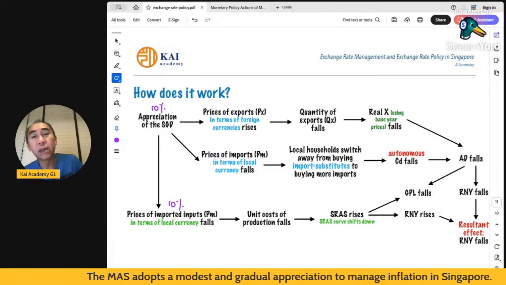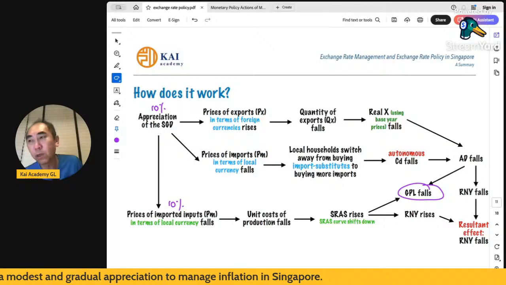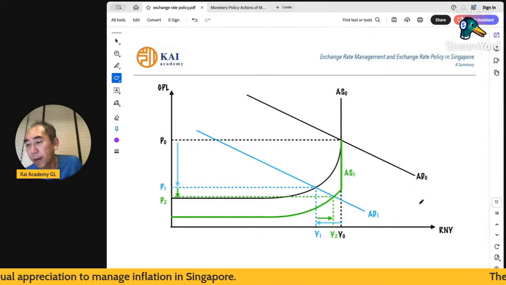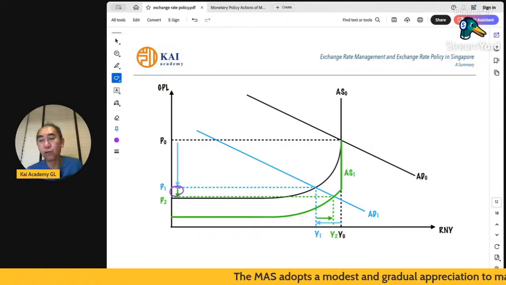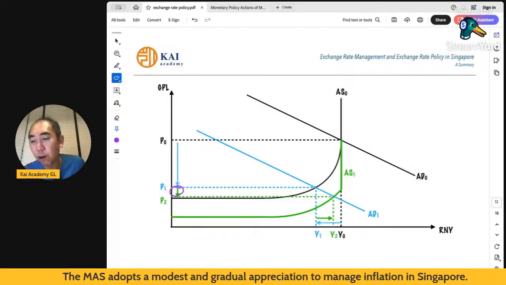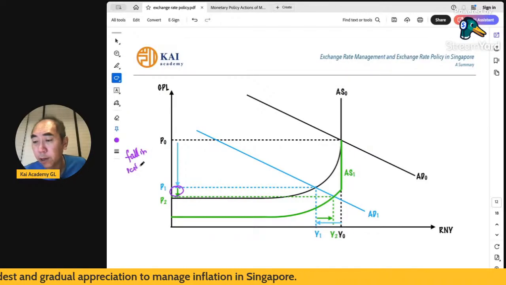And this lower cost can get passed on to consumers in terms of lower prices. So as a consequence of this, I'm using green color to indicate here that the AS shift down is going to lead to a further decrease in GPL. Again, recall, we do not describe this as a deflation. We still describe this as a fall in the rate of inflation.